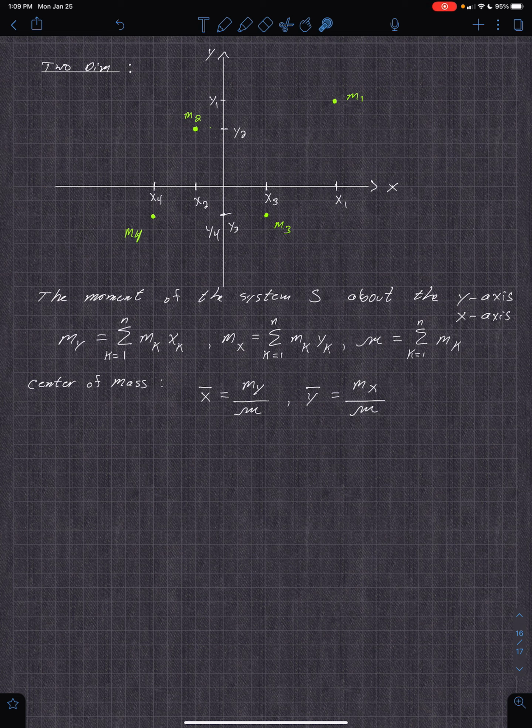All right, so let's do an example using this technique. We're going to be given a bunch of masses and then a bunch of points, and we'll find the center of mass.